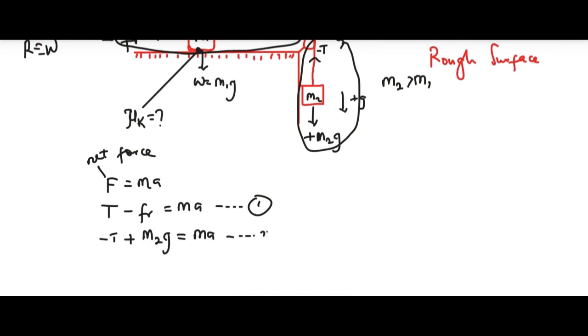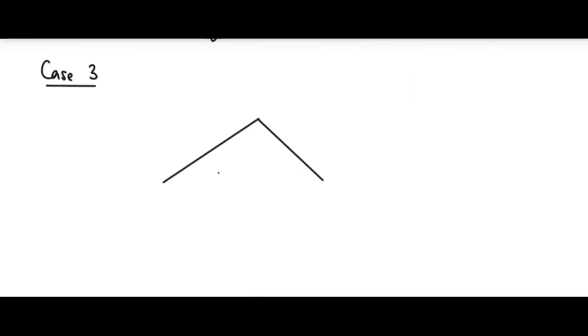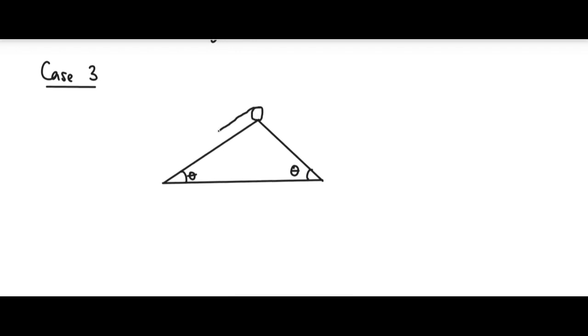So case 3A, looking like a triangle. We have an angle here, theta. We have another angle here, theta. And the pulley lies here, and upon the pulley is your rope, right? So I have here too the second mass lying here, provided that the surface is frictionless.